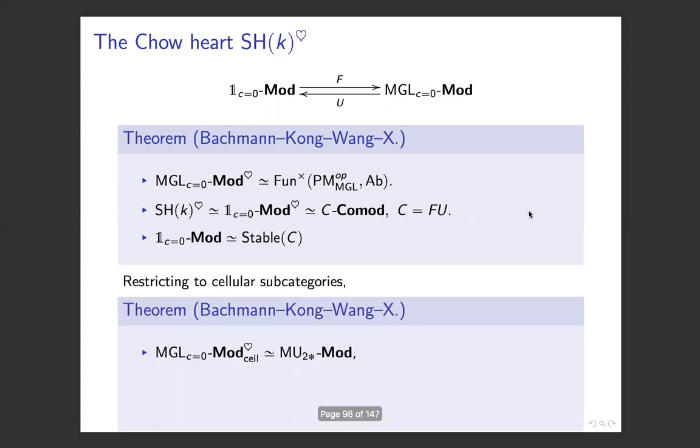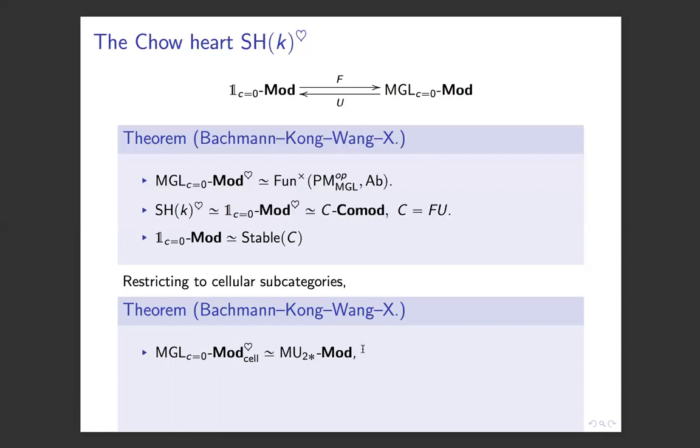If we restrict to cellular subcategories, which are things I'm much more familiar with, and restrict to cellular objects, the first result is just going to be MU_* modules which are concentrated in even degrees. Over C, this object will be MGL modulo tau, and it's already known that the modules over that, the cellular subcategory, are just MU_* modules.